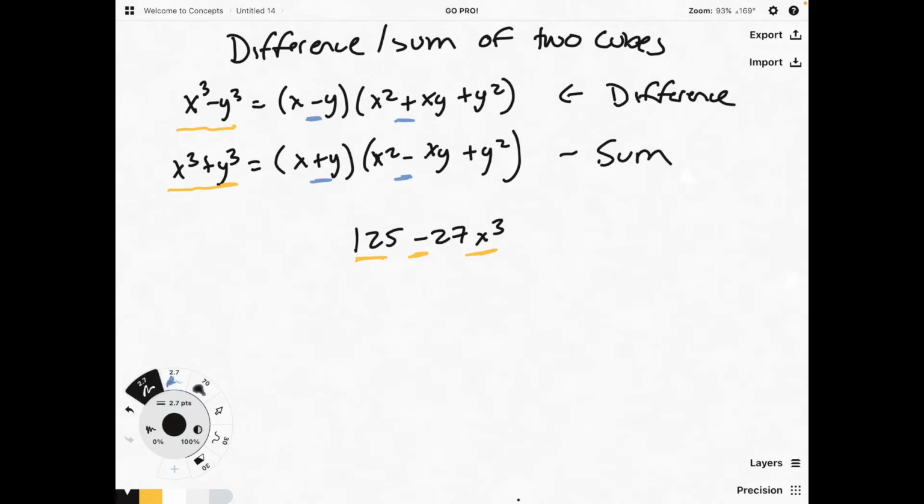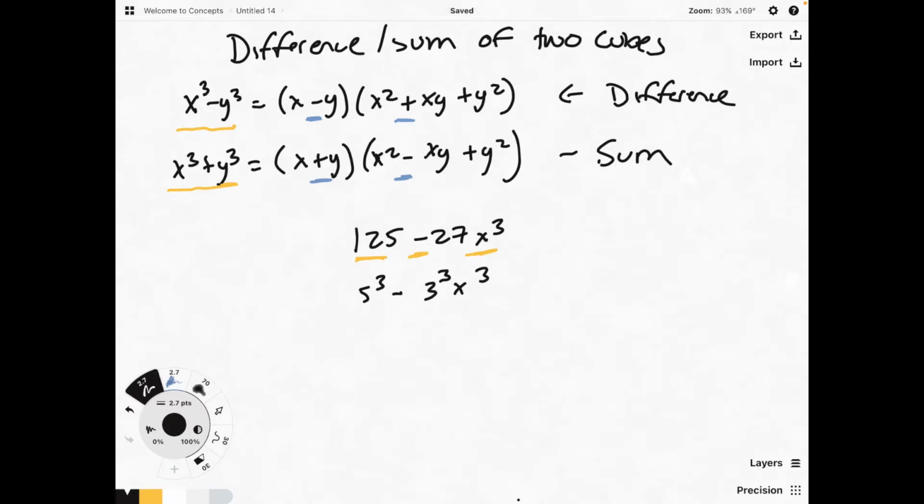The cube root of 125 is 5: 5 times 5 is 25, times 5 is 125. If we do the same thing to the 27, we know that the cube root of 27 is 3, so 3 times 3 is 9, times 3 is 27, and then we have x cubed.